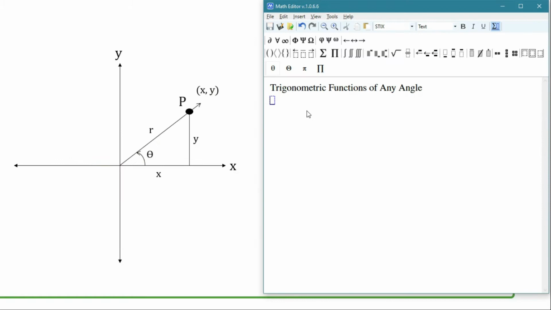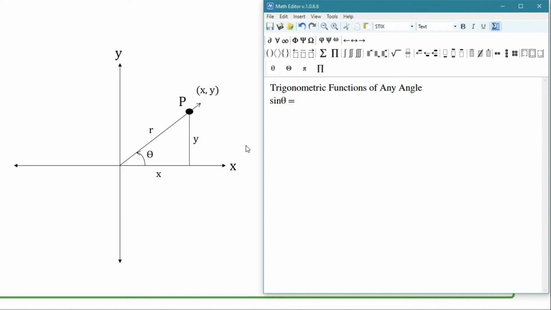Next, we derive our trigonometric functions of any angle given these conditions. The first one is the sine function. We have defined sine as opposite over the hypotenuse. With respect to our angle, the opposite side is this side, and this contains our ordinate.